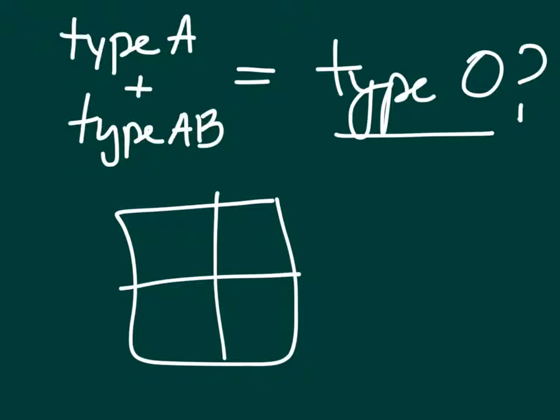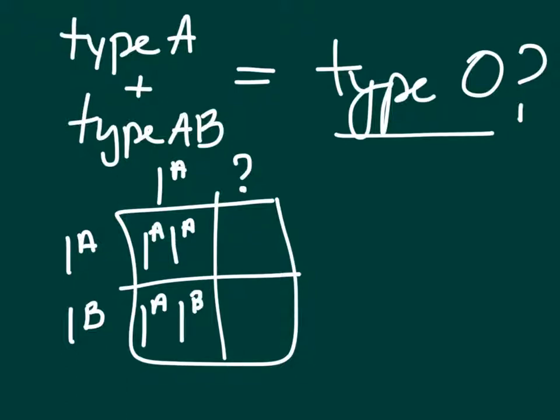What parent do we know the genotype for? And we know one of the two alleles for the other parent. What is it? Let's leave the other one a question mark. No way that those parents are going to make a type O child. Not a chance.